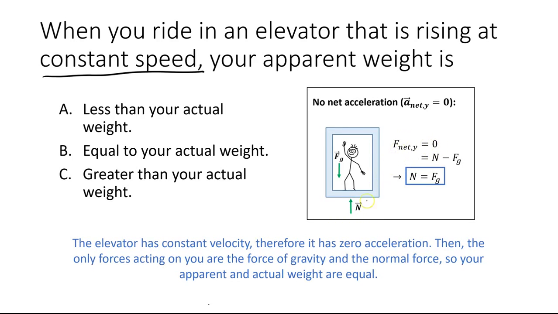We know that F net y is also equal to the sum of all of the y components of the forces acting on you. Here you have the normal force pushing up and gravity pushing down, so we get N minus Fg. We set that equal to 0, and then we can see that the normal force in this case, where the acceleration is 0, is just going to be exactly equal to your weight. Okay, so I would go ahead and pick answer B.